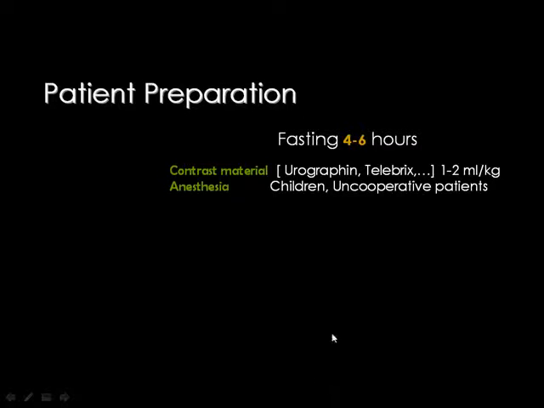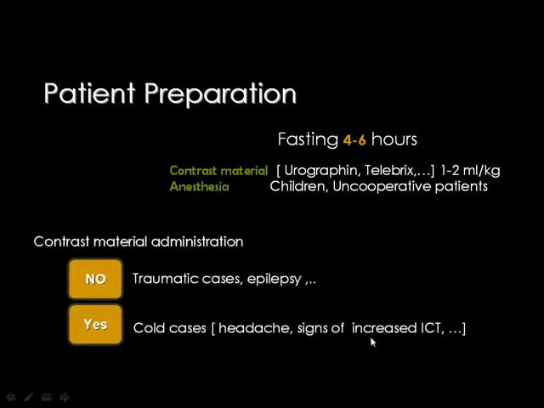And in order to have a CT scan of the brain, there should be some patient preparation. The only preparation required is to let the patient fast for about 4 to 6 hours: 4 hours for children and 6 hours for adults. This fasting is required whenever the patient is going to be injected with contrast material, or will receive some kind of anesthesia.